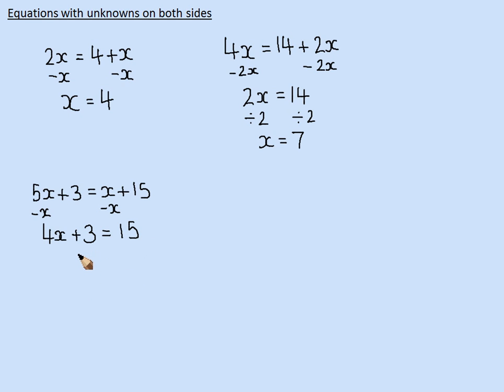So I'm going to take 3 away from there to get rid of that plus 3, do exactly the same to the other side, which leaves me with 4x equals 12. And then I'm going to divide both sides of my equation by 4, which gives me x equals 3.